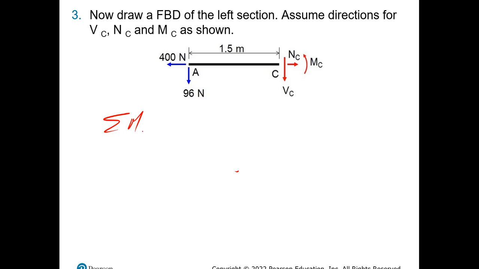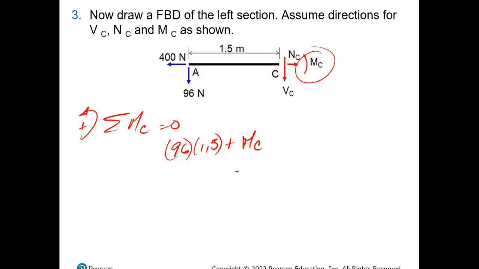and I will do sum of moment around C, and that equals 0. So the only force that is doing moment from here will be 96 newtons multiplied by 1.5, and then plus the moment. It is positive because I assume it to be positive to go with the sign convention, and that equals 0.